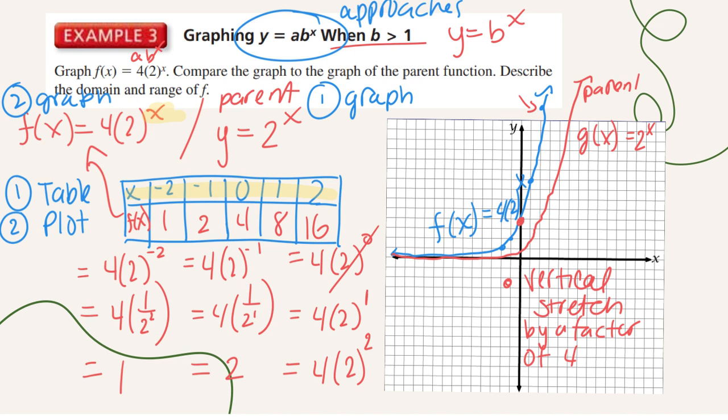What else can we tell? The y-intercept of the graph is 4. We also know that the domain is all real numbers. And the range is where? The range is going to be y greater than 0, because the blue line, which is the one we computed, is above the parent.